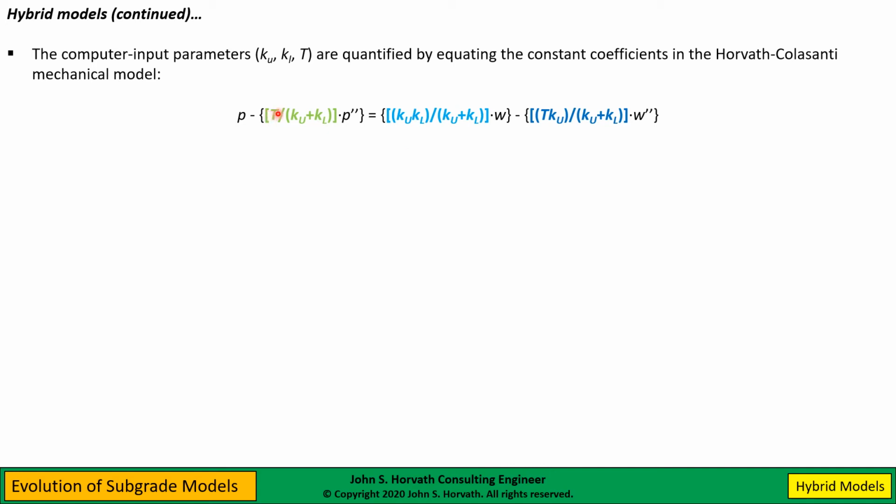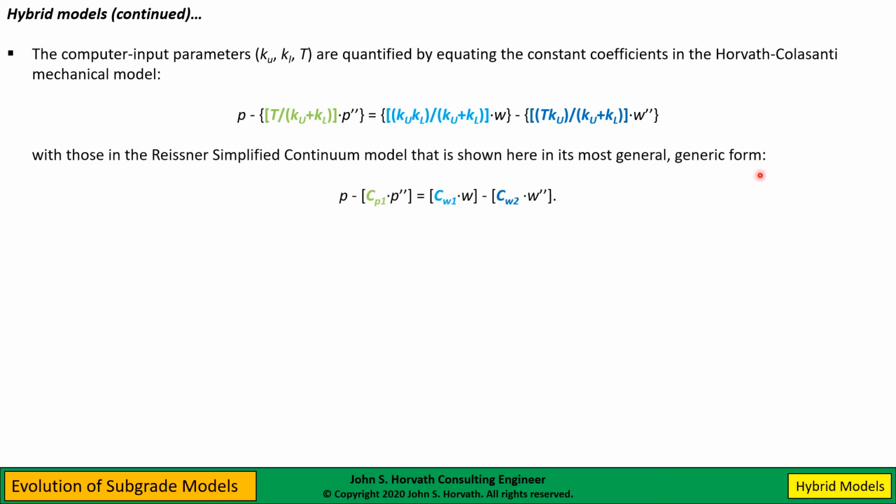Then we quantify these abstract spring stiffnesses and tension in the mechanical model by correlating them with the coefficients in the Reissner simplified continuum. Here I'm showing the Reissner simplified continuum in its generic form using CP1, CW1, CW2. And I'll show you why in a second.